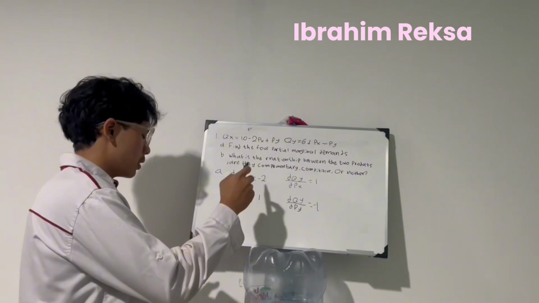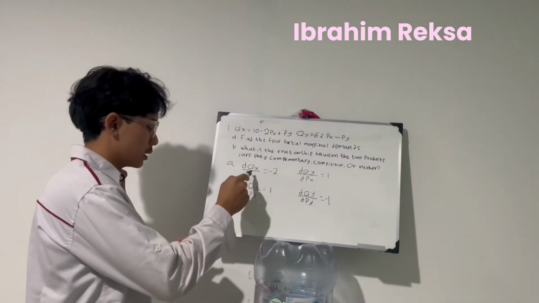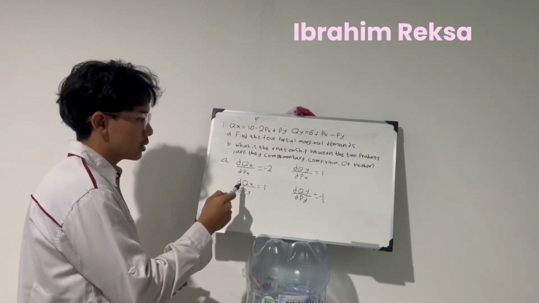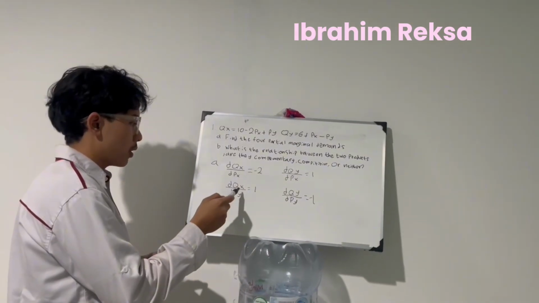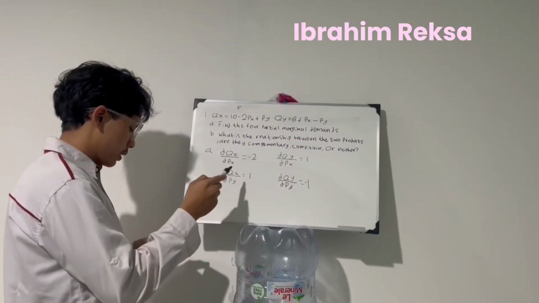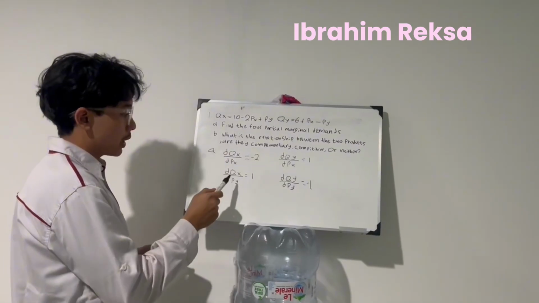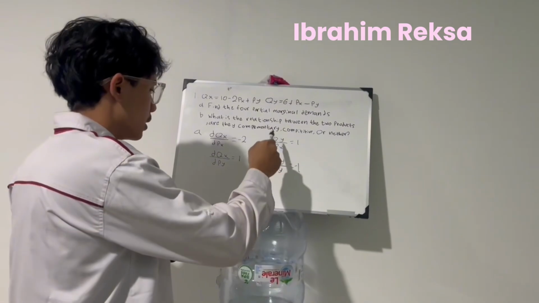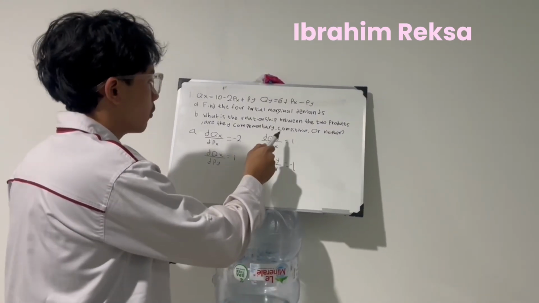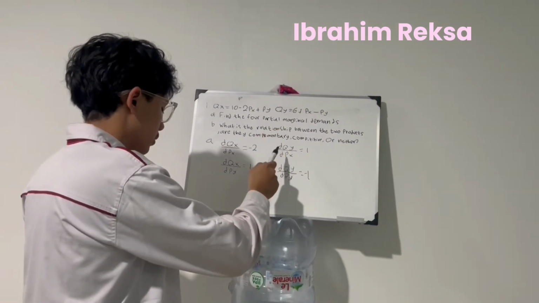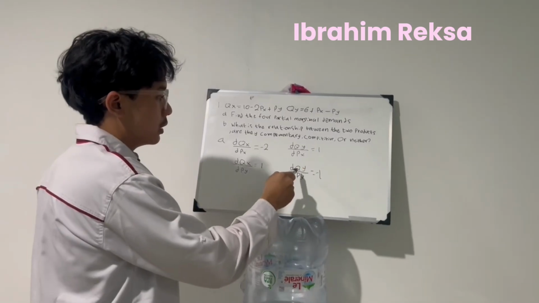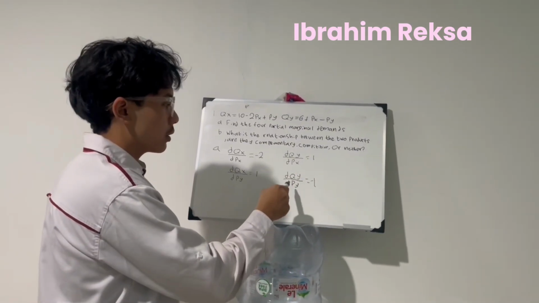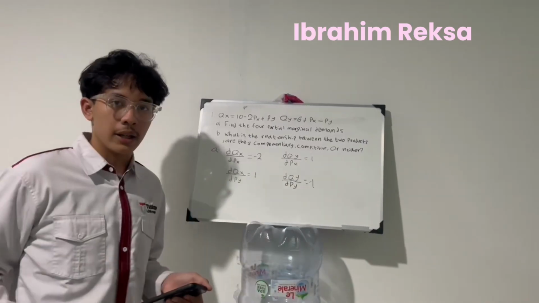This means the marginal demand of X with respect to the price of X, and this means the marginal demand of product X with respect to the price of Y. Same here, it means the marginal demand of product Y with respect to the price of X, and this means the marginal demand of product Y with respect to the price of Y.